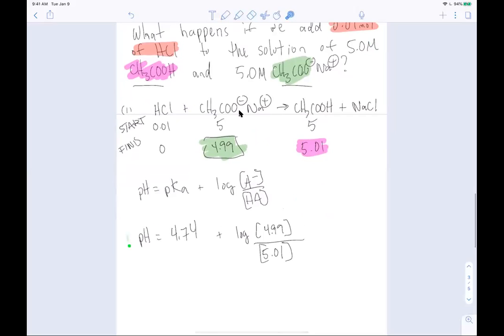And I just plug it into the Henderson-Hasselbalch equation. What I end up with is something that's going to be very close to 4.74.